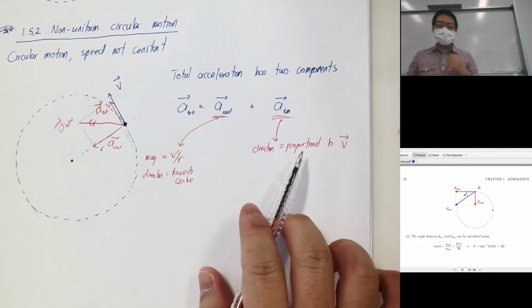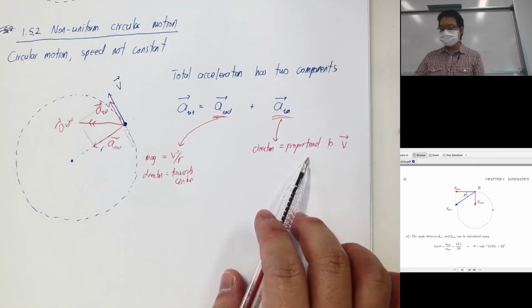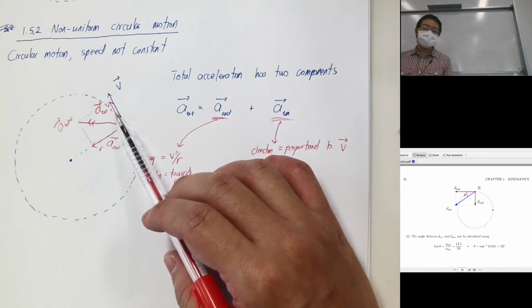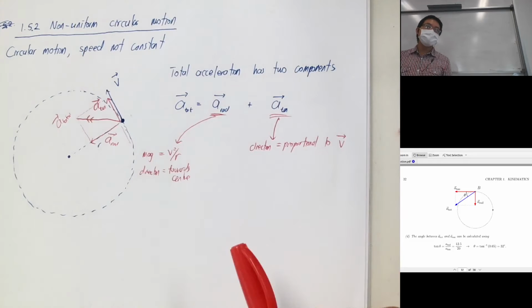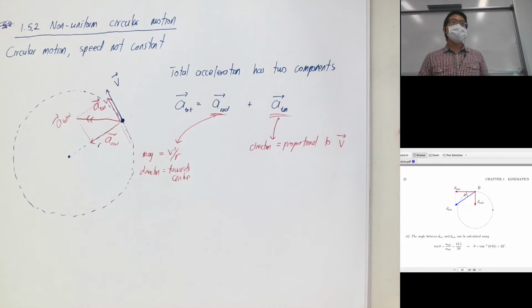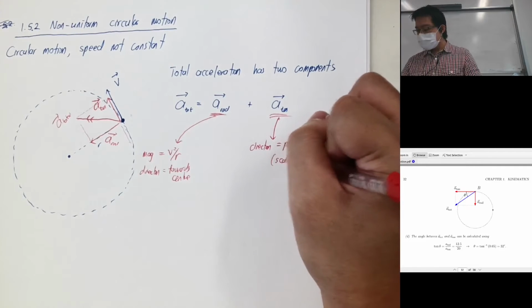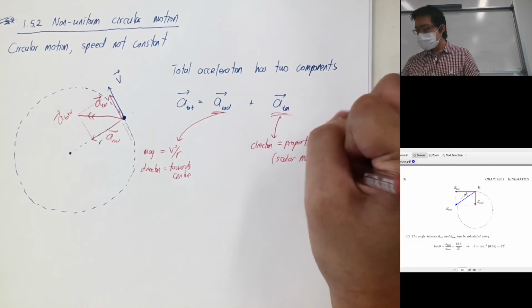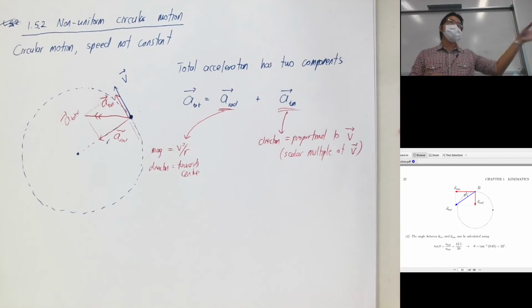Do you know why I chose the word proportional and not same as v? Just to remind you, it could be same as v, pointing the same way, but it could also be pointing backward. So it is a scalar multiple of v, to be more precise. This scalar could be a positive number or negative number.